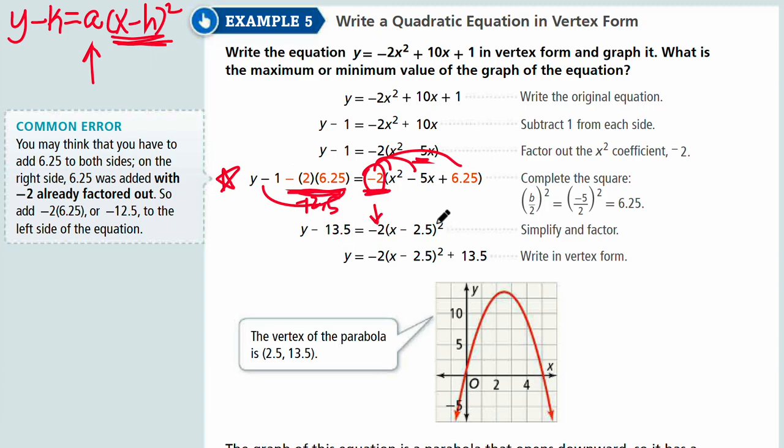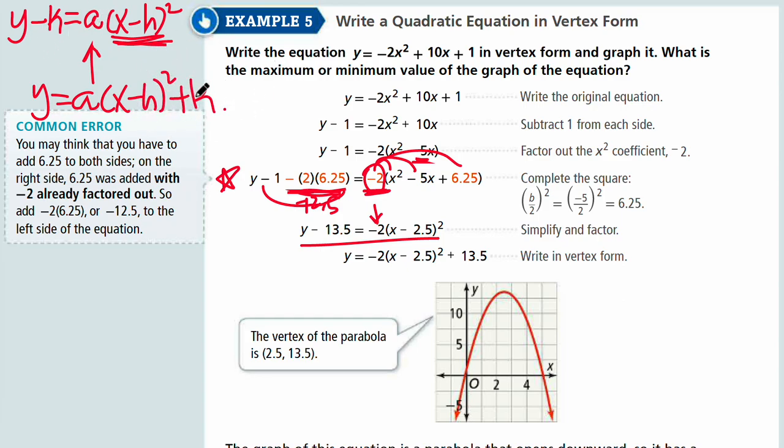Your h is 2.5, and so we already have a vertex, and this is your vertex form, right? This is already a vertex form. So this is, actually your vertex form needs to be in a times x minus h squared plus k.